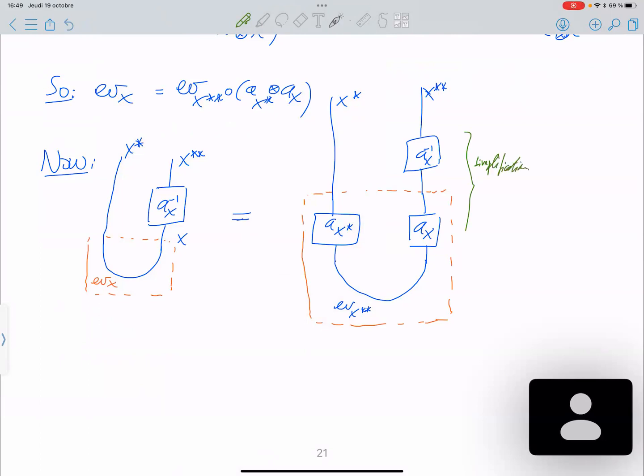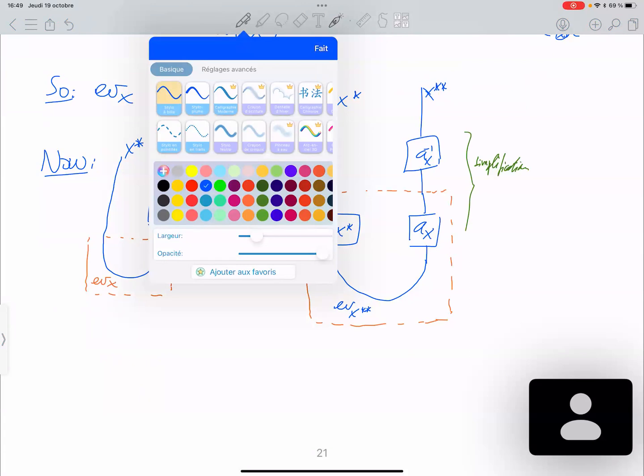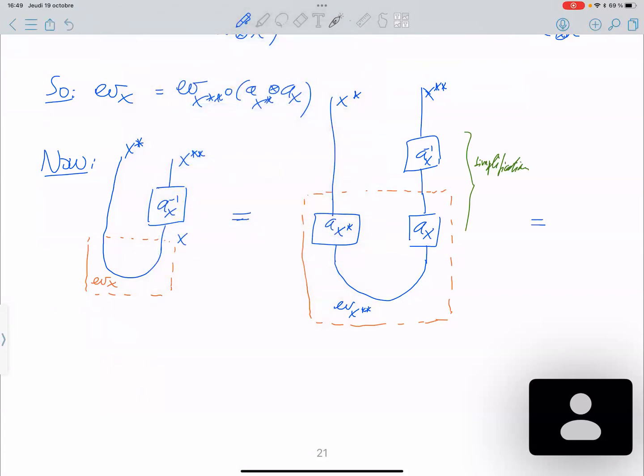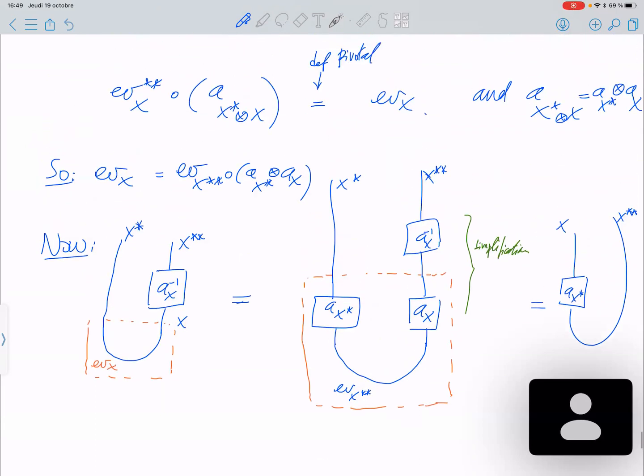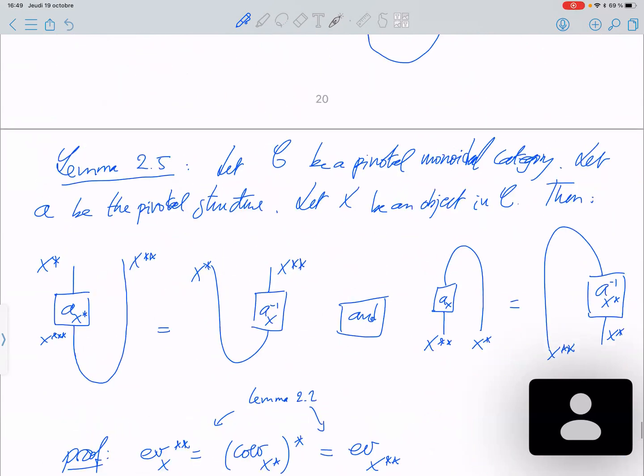Simplification. So it is equal to just what remains, A_X star, X double star. Okay, so this is what we wanted to prove here.